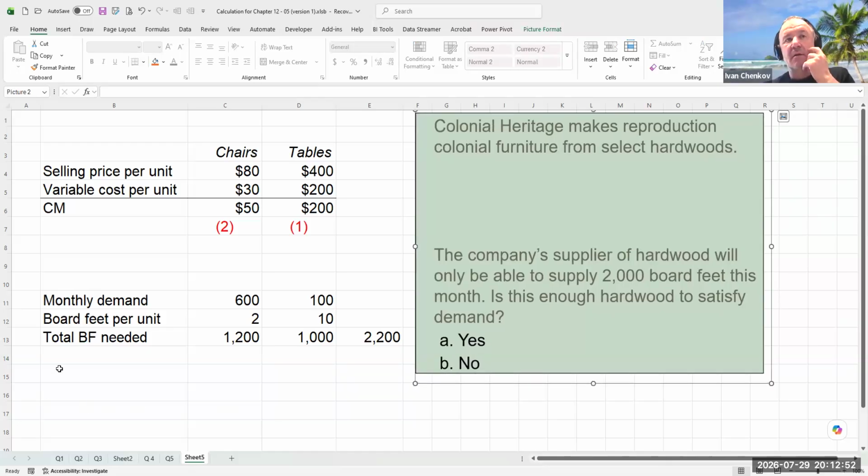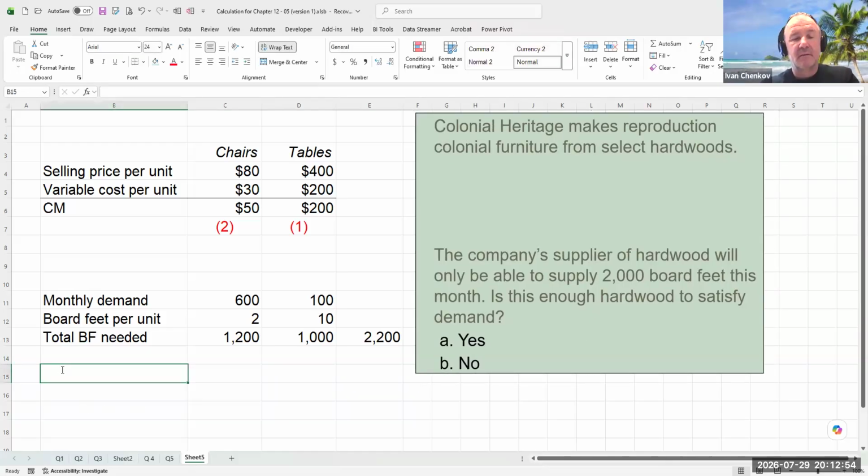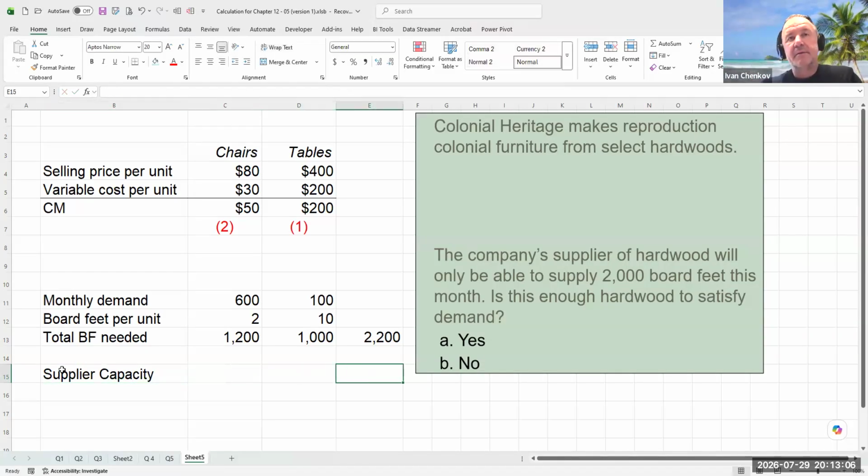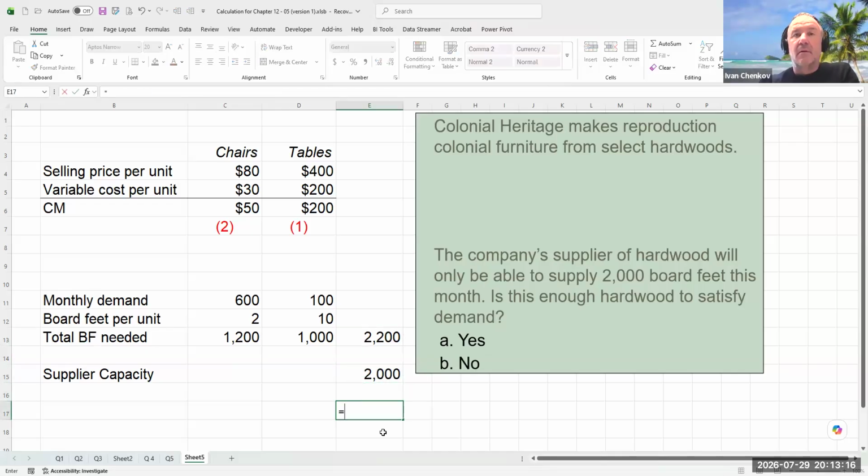The supplier capacity is 2,000 board feet. So the way I see it, we are short with 200 board feet.